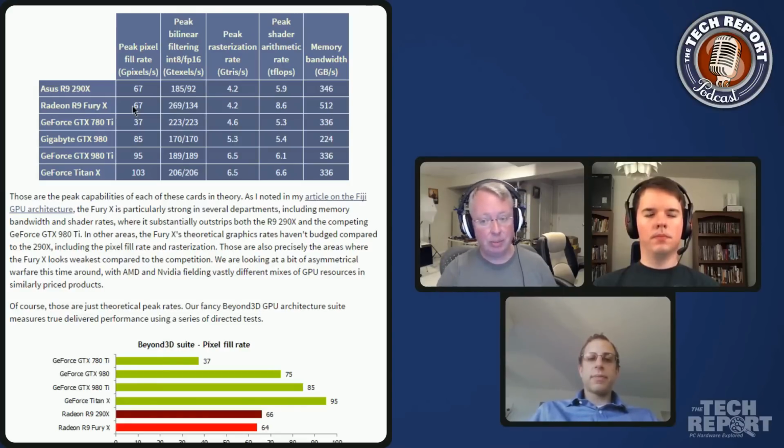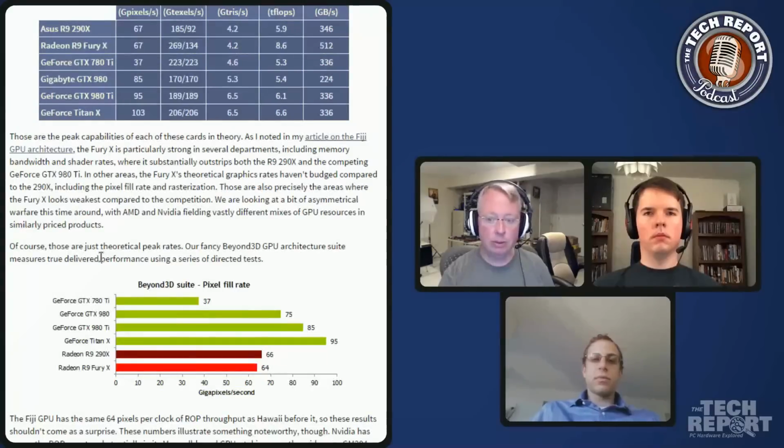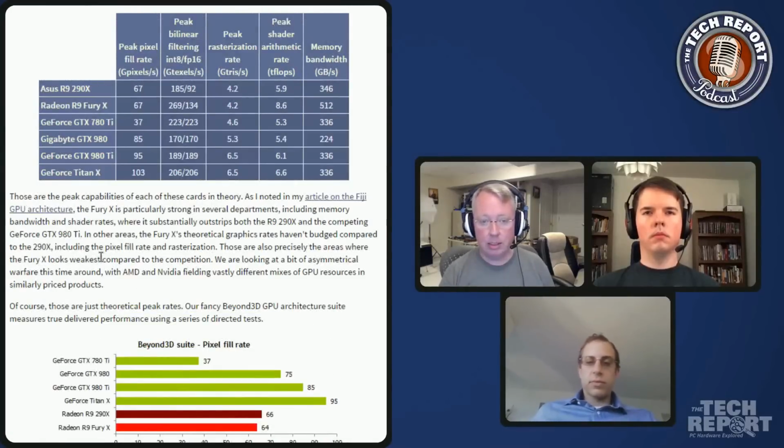But it is true that there are some elements of the Fury X that are refreshed from the R9 290X, so we can't get too infatuated with the numbers in the table. Instead, we really want to look at the results that we have. But what we found generally is that the numbers in the table and the results track pretty well, which means that this GPU manages the theoretical peaks that it has on paper when you measure the directed test of a certain part of the architecture quite nicely.